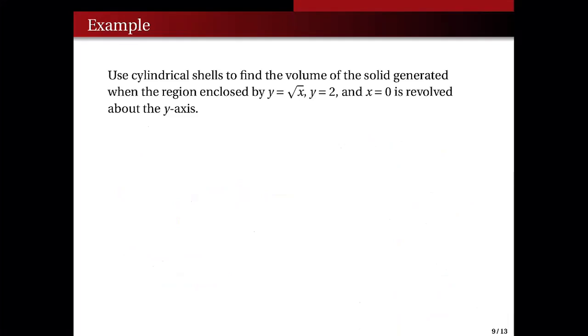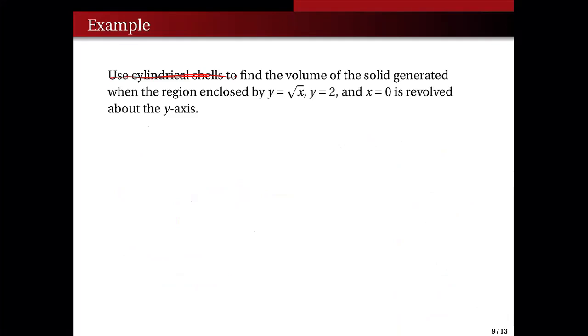Instead of cylindrical shells, suppose we remove this part. If I remove that part, you can use any other method, the washer or shells. But we already did the shell, so let's use the other methods available to us.